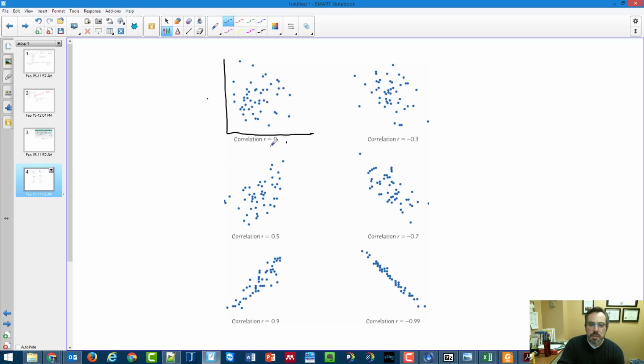You should notice that in some of these, it's hard for me to tell what kind of pattern it is, and some are not. Down here, this one definitely has the shape of a line. When I look at that visually, I say that's a really strong association or correlation.